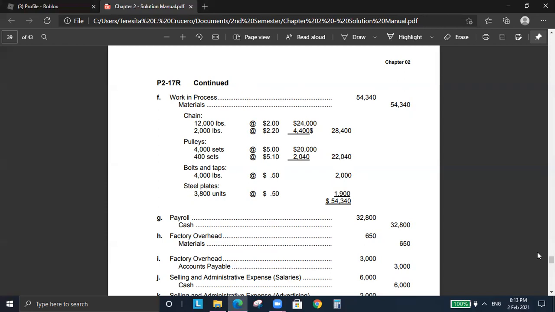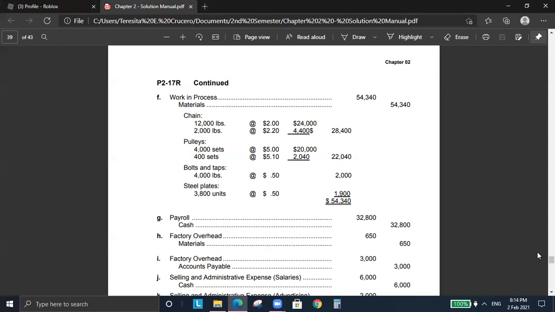So during the month of October, the company bought 4,000 pounds, but only 2,000 are used in October because the total number of pounds of chain is 14,000. So using the FIFO method, we get the 2,000 pounds from the October purchase. So the unit cost is 2.20. The beginning is 2, dividing 24,000 by 12,000.